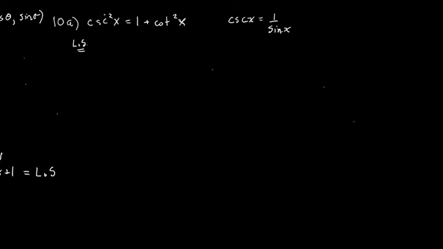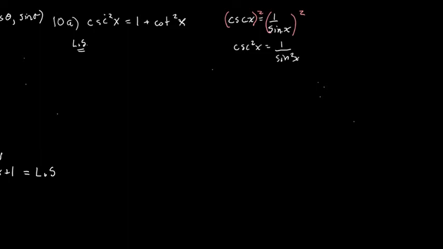But it also allows us to, if we want to, square both sides of this identity, which suggests that cosecant squared x is the same as 1 squared, which is 1, over sine squared x.